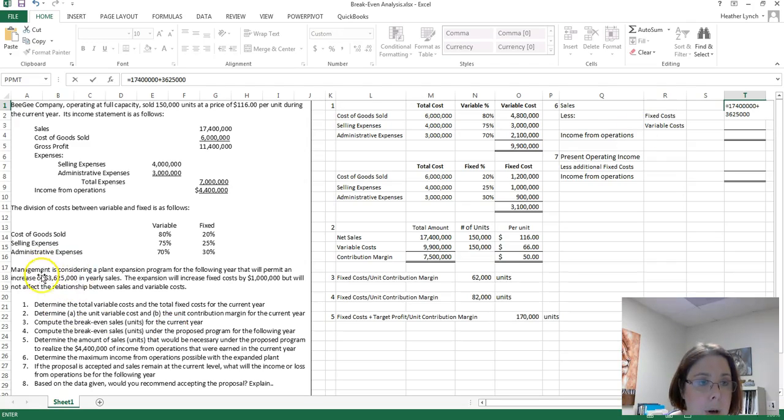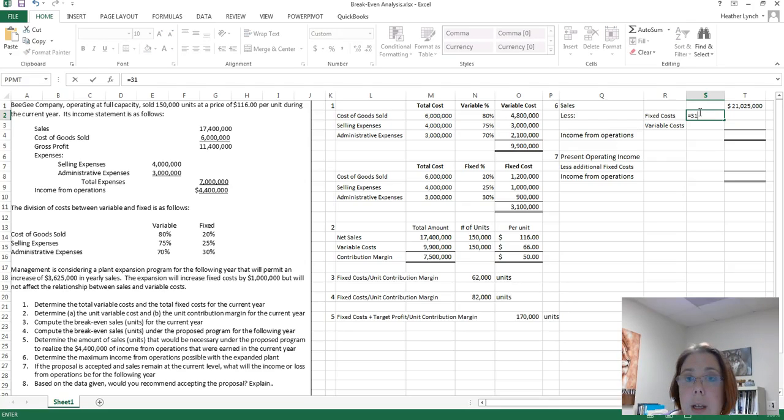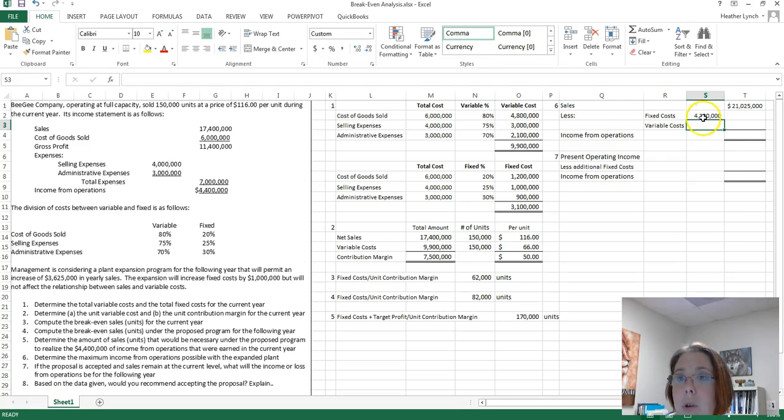I got that number from over here. So that gives us $21,025,000 in sales. Fixed cost with the new proposal, remember that was the current fixed cost plus the additional million that it was going to increase.